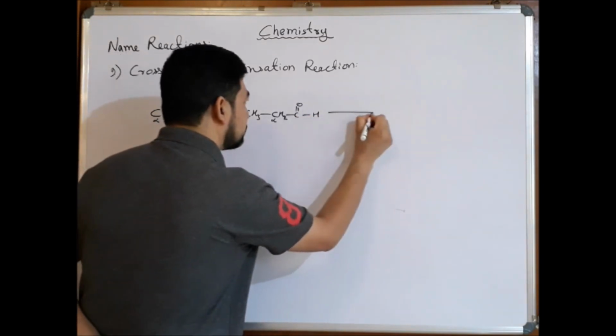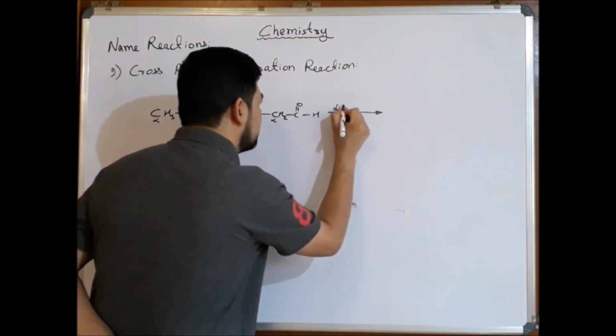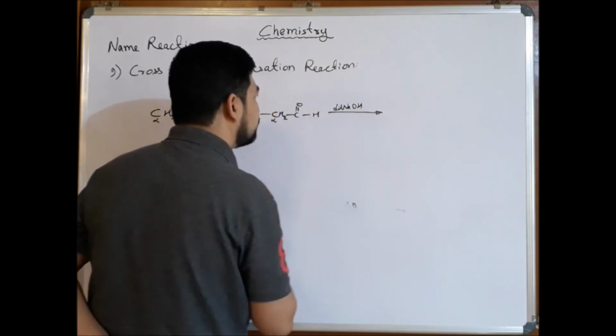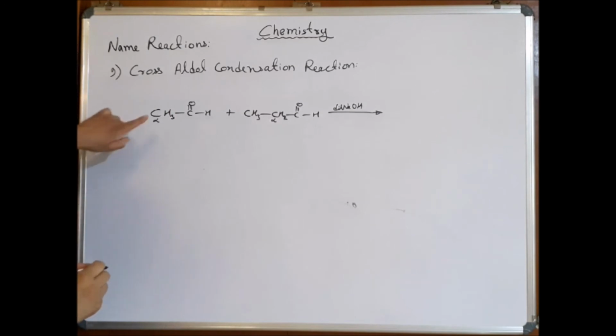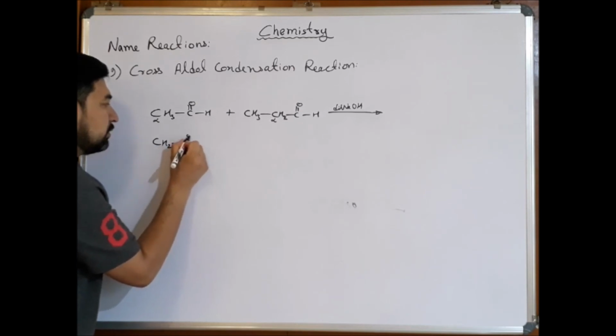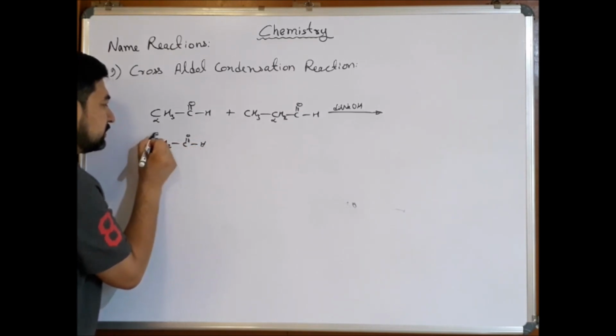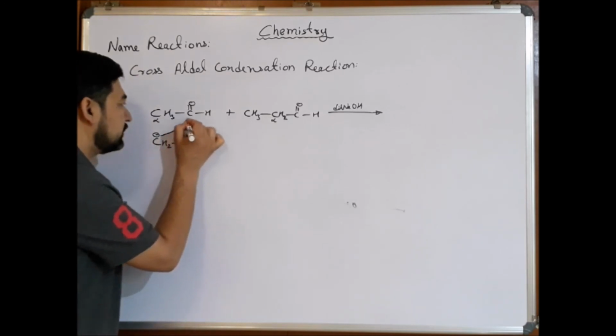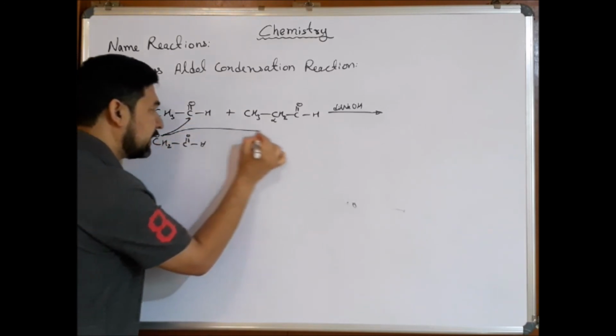When this is treated with dilute NaOH, suppose OH abstracts this alpha hydrogen, then it becomes CH2 single bond COH, with a negative charge here. Now it has two options: it can attack here or it can attack this molecule.